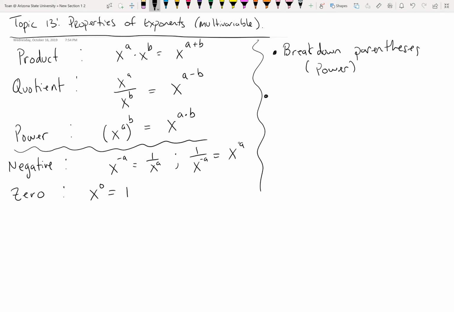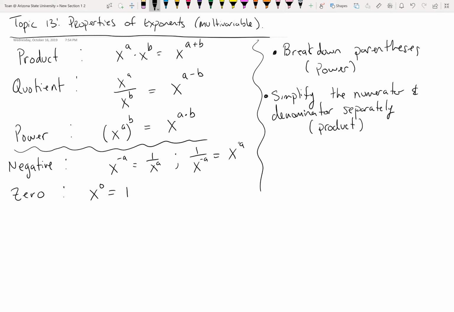After that, if a problem is just too overwhelming for you, go ahead and simplify the numerator and denominator separately. And that's almost always going to be the product property, the multiplication property.